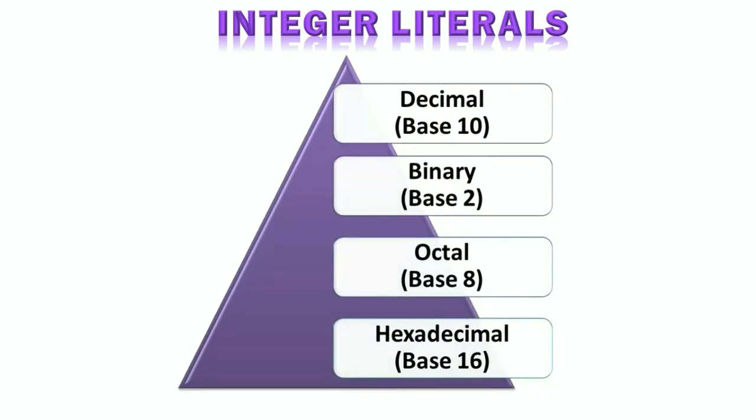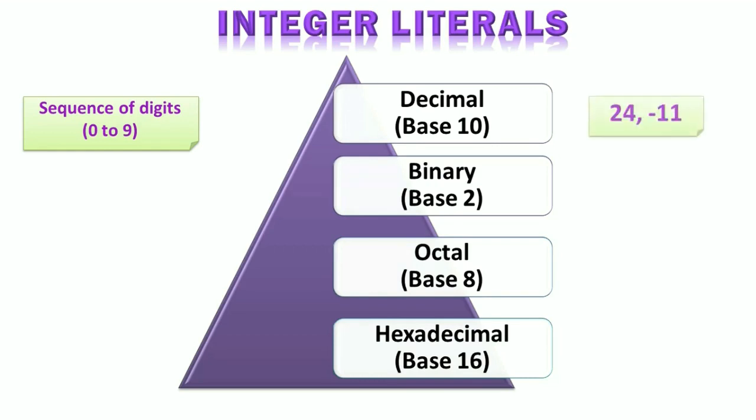An int value can further be represented in 4 ways: decimal values, binary values, octal values and hexadecimal values. Decimal values have a sequence of digits 0 to 9 unless it starts with 0. Example 24, -11.